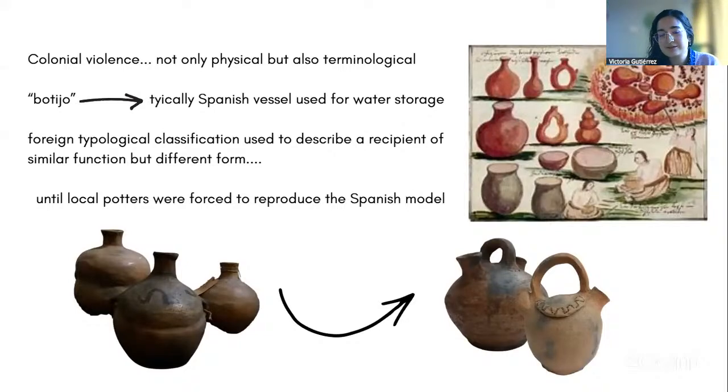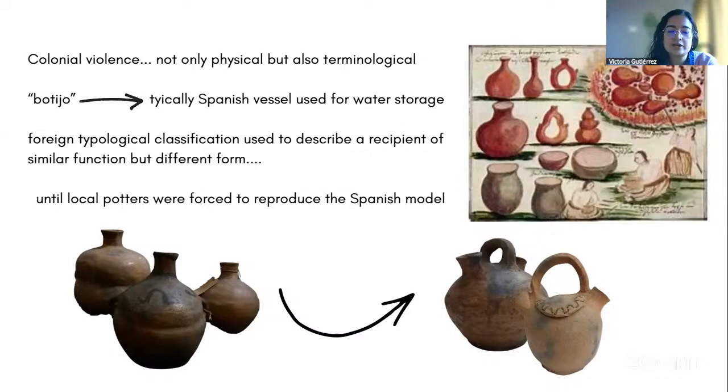A very good example of this is the term botijo that I have previously mentioned. It is originally a Spanish term referring to a very specific Iberian water vessel, Spanish on the other side of the Atlantic Ocean. However, this term was applied to indigenous Chaco ceramics because they fulfilled a similar function. And it's very similar to what I have previously mentioned of the term aríbalo for Inca pottery.